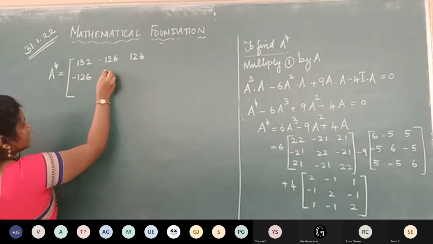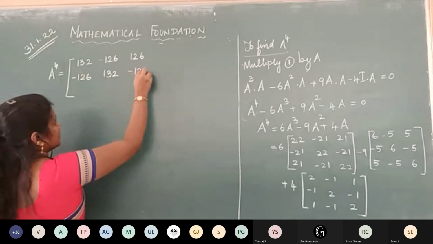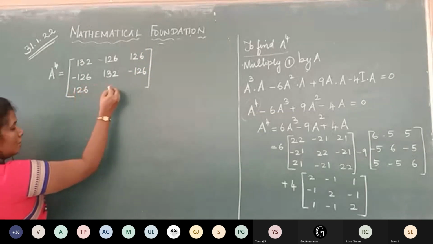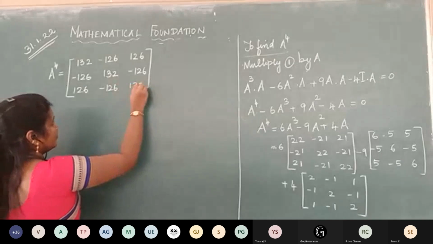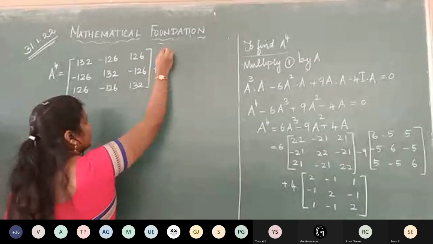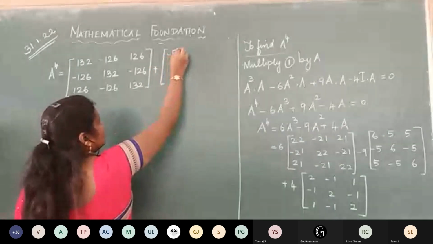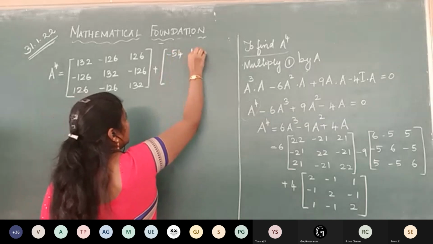So 22 into 6 is 132 and minus 126. Okay. Now I'm multiplying that minus also inside, and minus 9. So it will become minus 54. 9, minus into minus becomes positive 45.